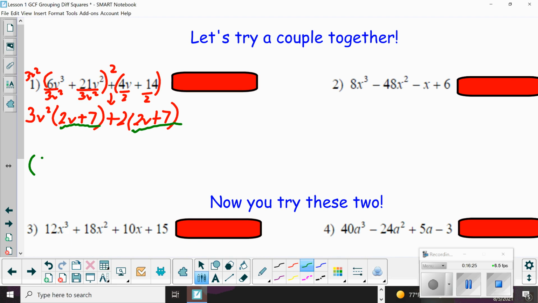That's my greatest common factor. Well, when I take it out of here, what's left? 3v squared. When I take it out of here, what's left? The plus 2. And I'm done.